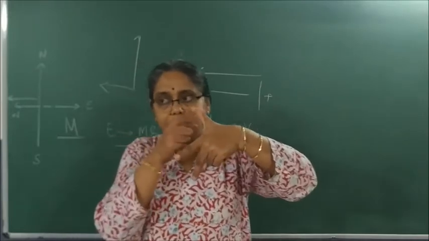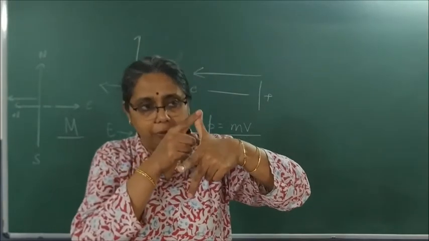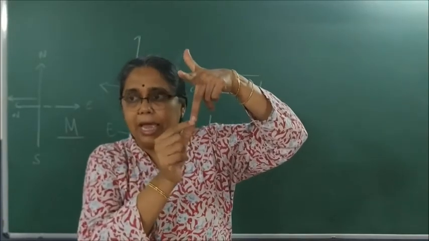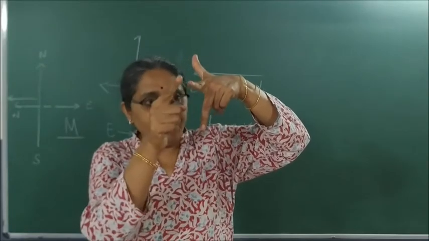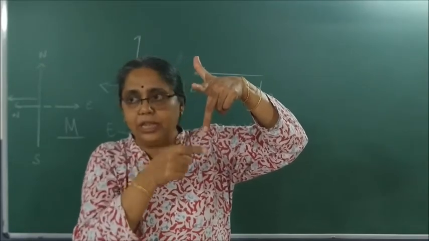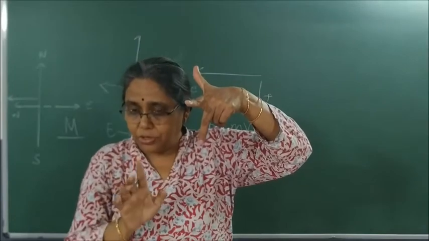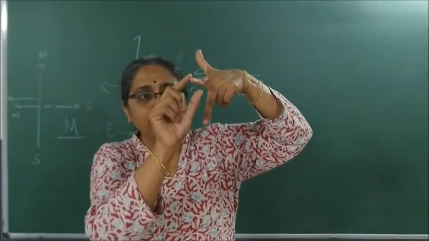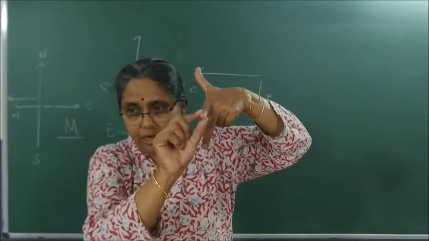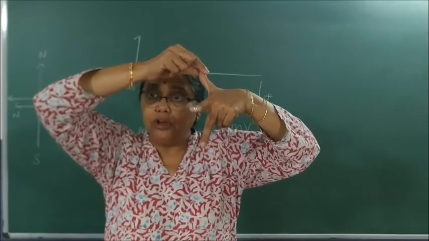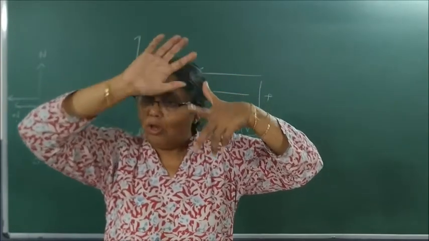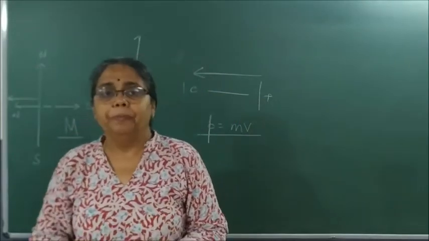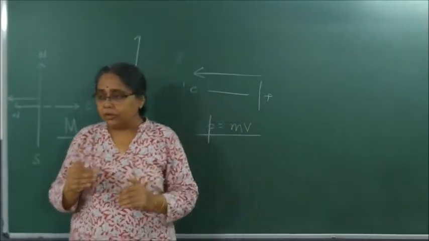What is it? Stretch your thumb, your forefinger and the center finger of your left hand in such a way that they are mutually perpendicular. Then the center finger shows current, forefinger shows magnetic field, and the thumb shows the direction of magnetic force or the movement of conductor. Okay, now construction.